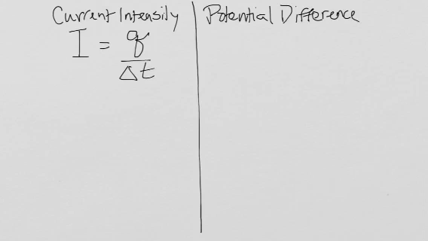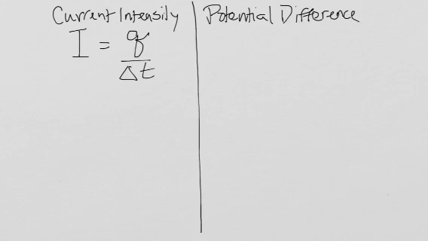Potential difference, on the other hand, is not measuring charge. It is measuring the amount of energy that passes between any 2 points in a circuit. And the example I want to use there is photoradar.